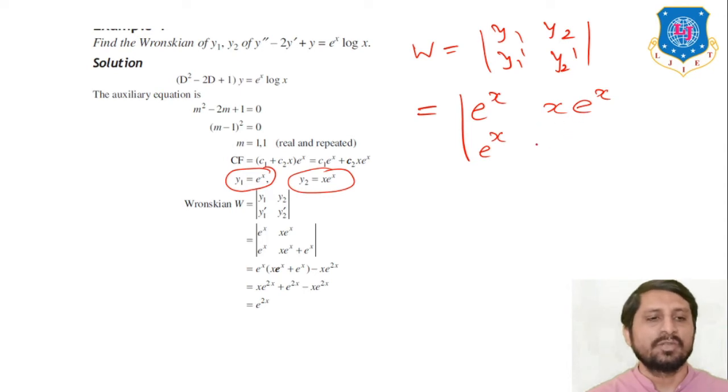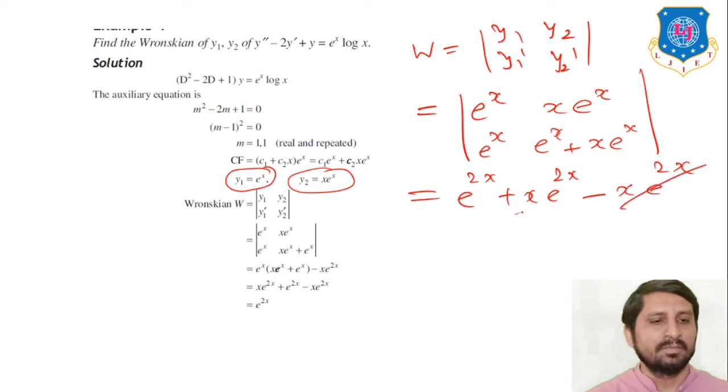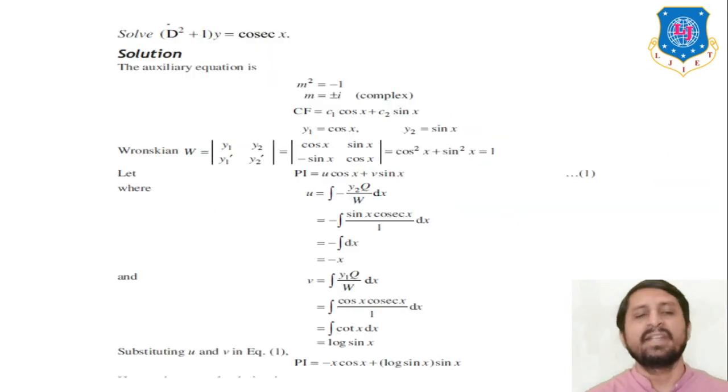For that you have to use the product rule: differentiation of x is 1, e raised to x as it is, plus x as it is, differentiation of e raised to x, that is e raised to x. When we calculate this, e raised to x into e raised to x is e raised to 2x, plus x e raised to 2x minus x e raised to 2x. So this will cancel out and the answer is e raised to 2x. So this is how we find the Wronskian determinant.